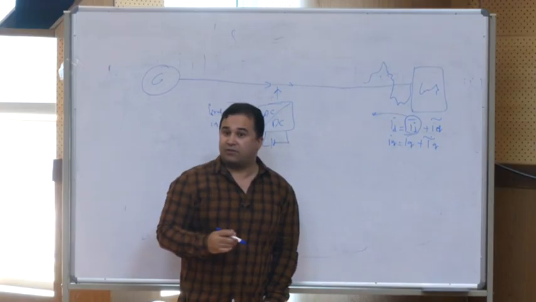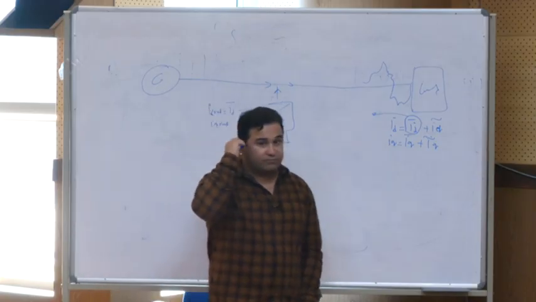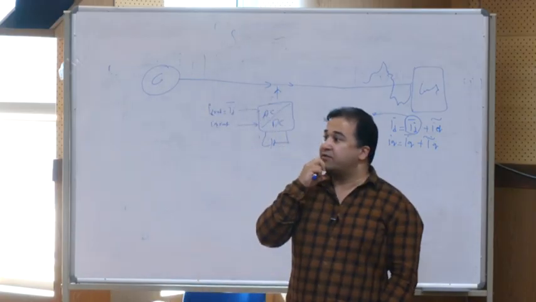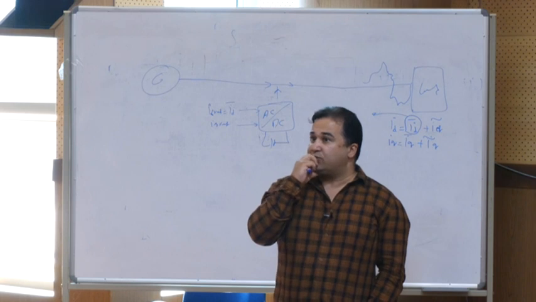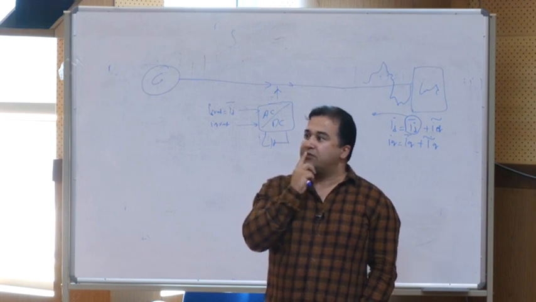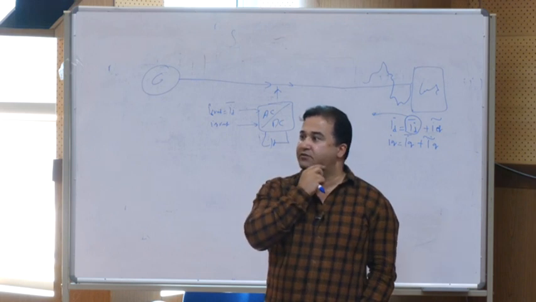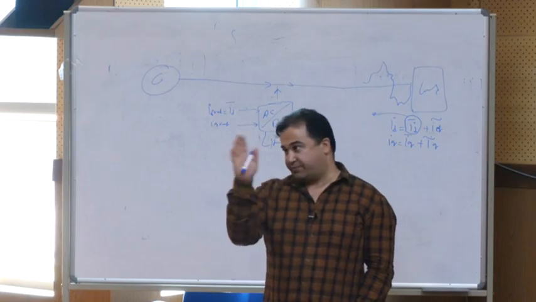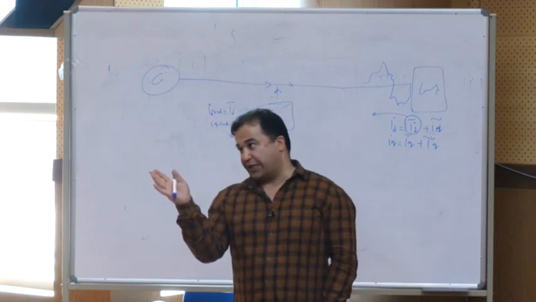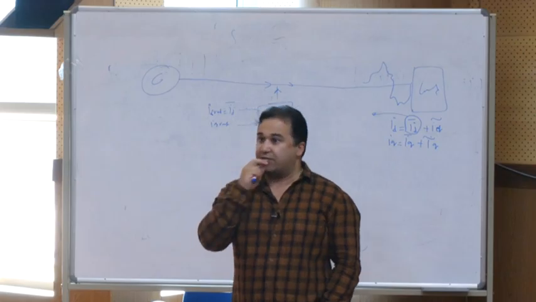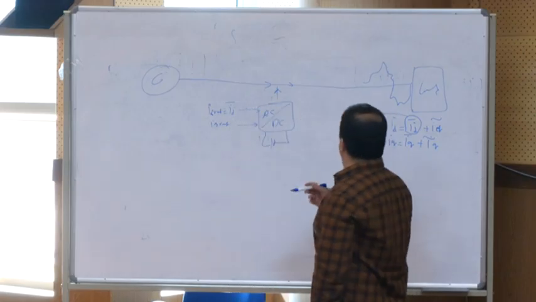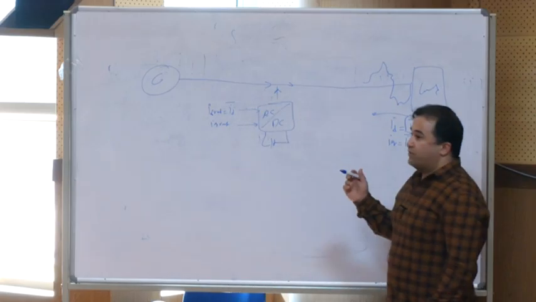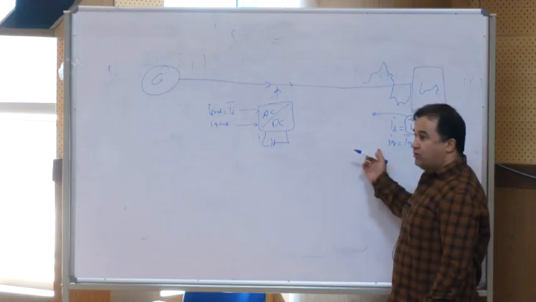How is it possible? Sorry? AC to DC, what do you mean by AC to DC? Use the rectifier? You mean the transfer to dq? Yeah, this is correct. But assuming that we transfer it to dq, so we have ID, IQ.